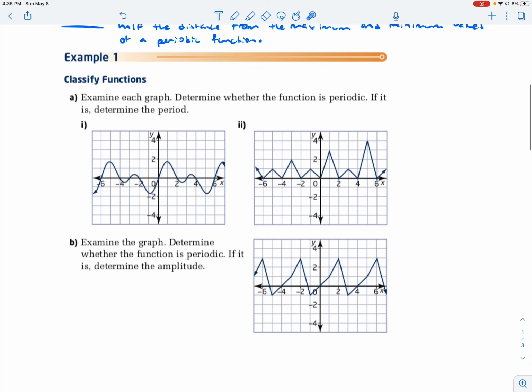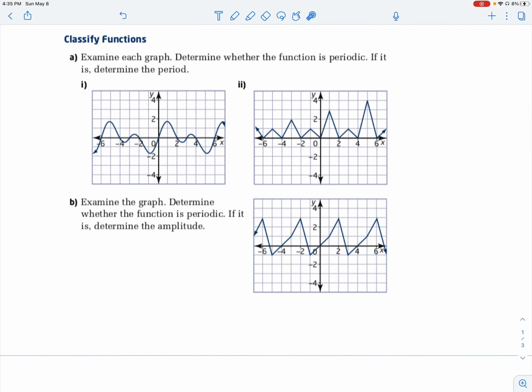We want to see if that's what these functions do, and if it is, then determine the period. We'll do those two things first. After that, we'll determine whether the function is periodic, and if it is, determine the amplitude. So we'll find the amplitude right after.